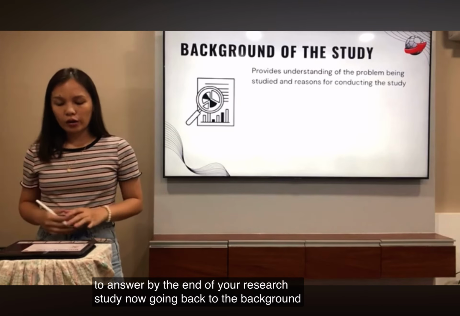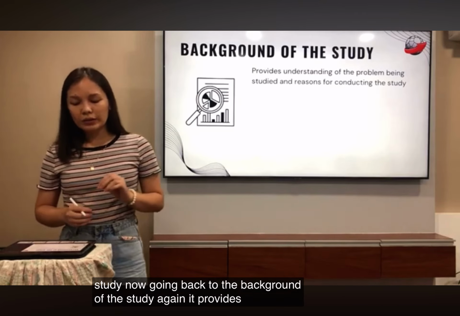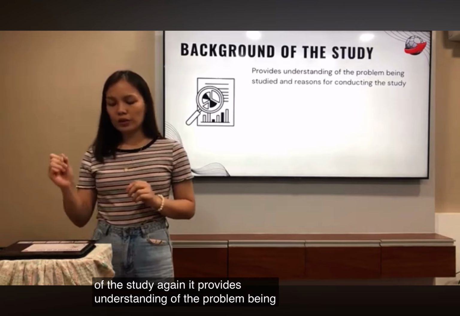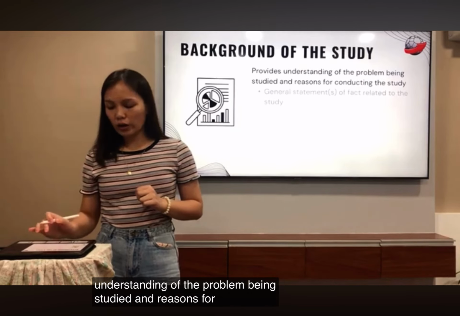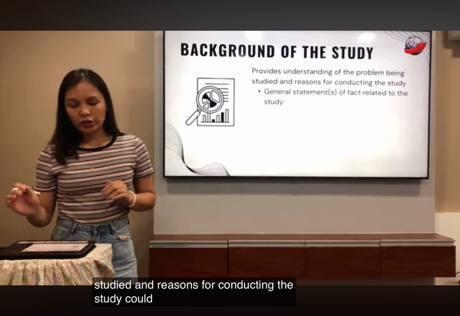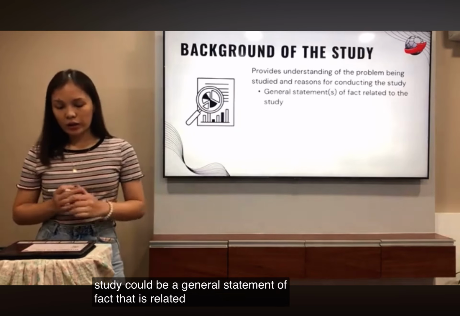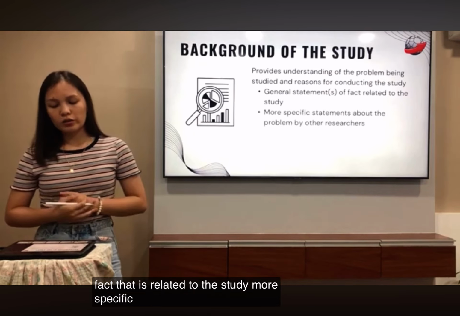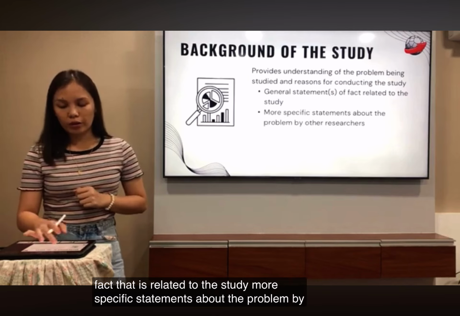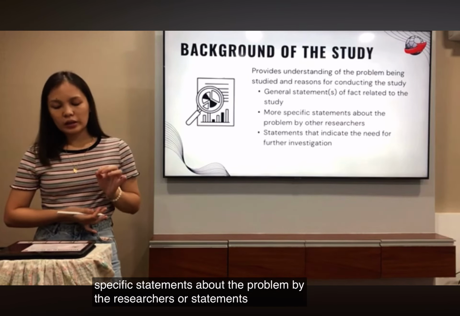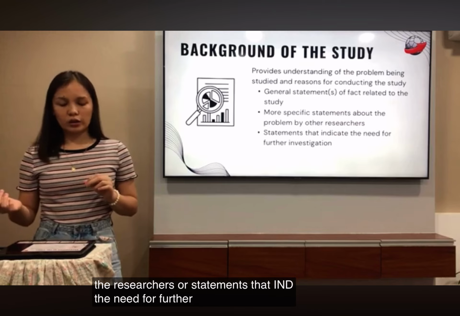Now, going back to the background of the study, again, it provides understanding of the problem being studied and reasons for conducting the study. It could be a general statement of fact that is related to the study, more specific statements about the problem by the researchers, or statements that indicate the need for further investigation.